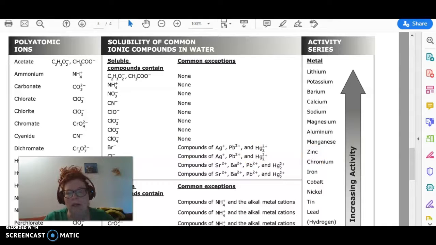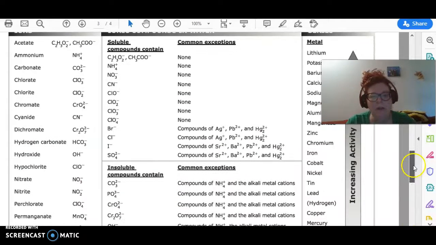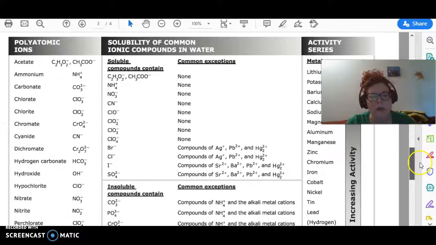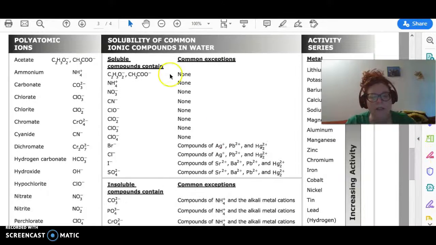I'm going to go right over here because we don't need the activity series. This is my favorite right there in the middle. This is that star chemistry one that I sent you. And look, here they are. It's telling you what is actually soluble: compounds contain these things.